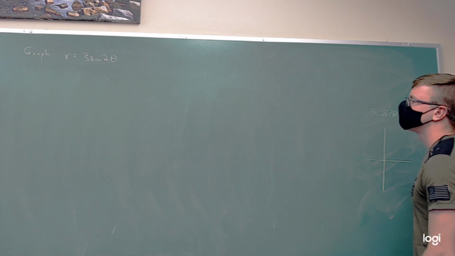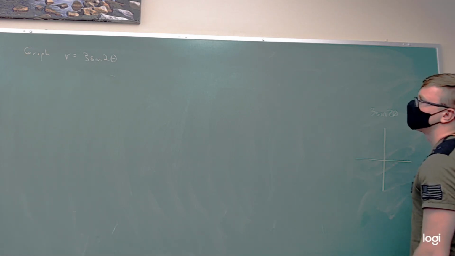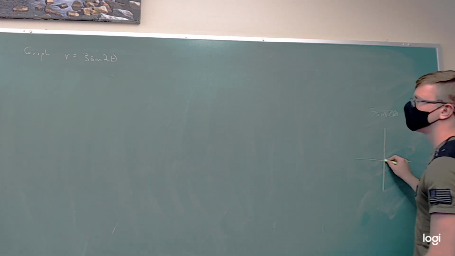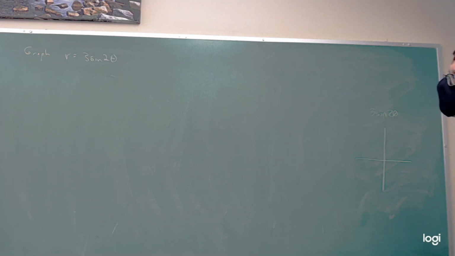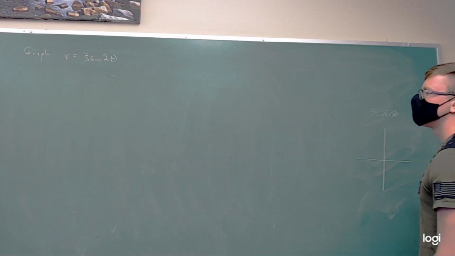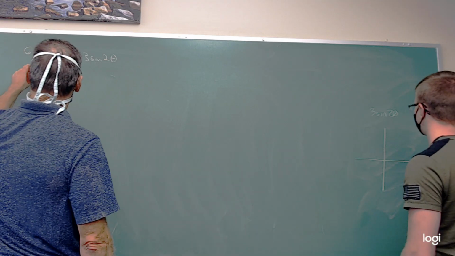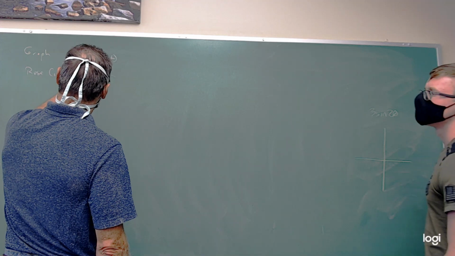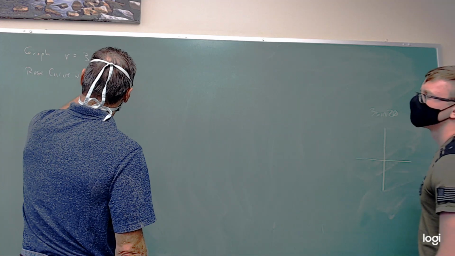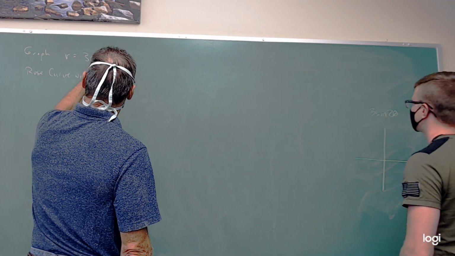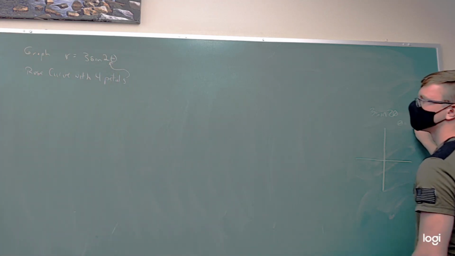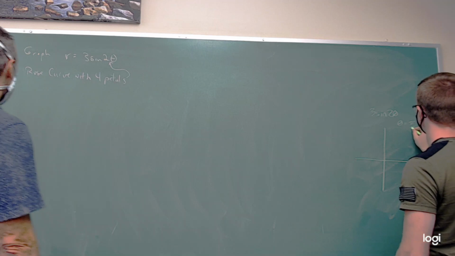Let's see. So it starts at theta equals pi over 2, because that's when sine is equal to 1. So when that's an even number, we get twice as many petals, so we have 4 petals.